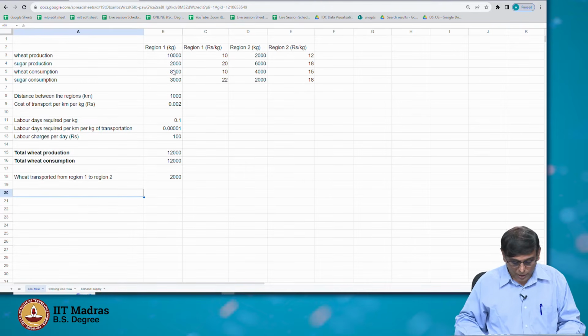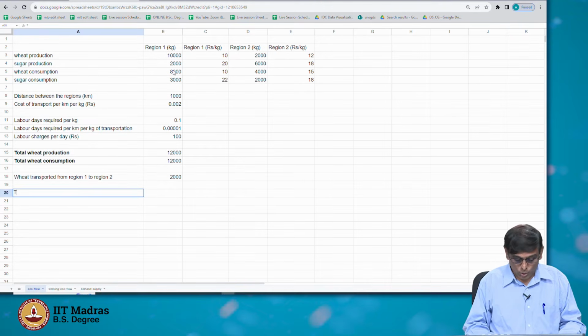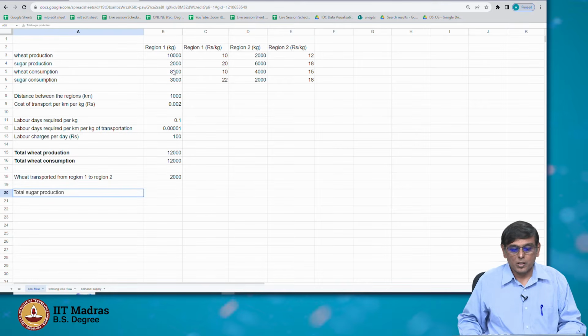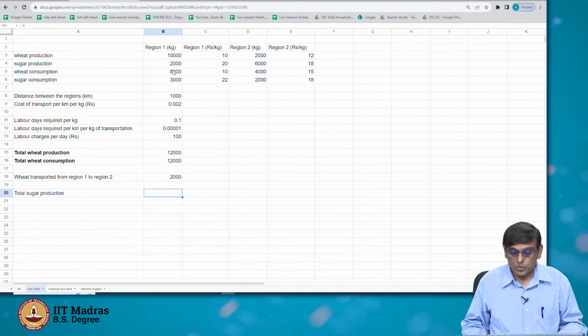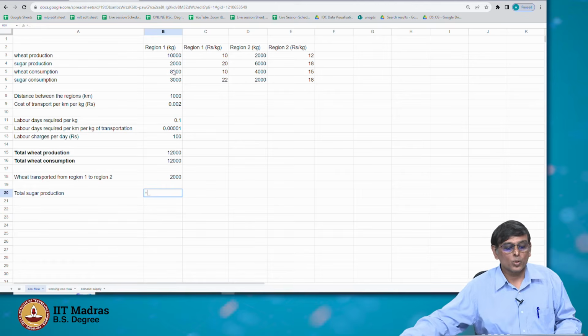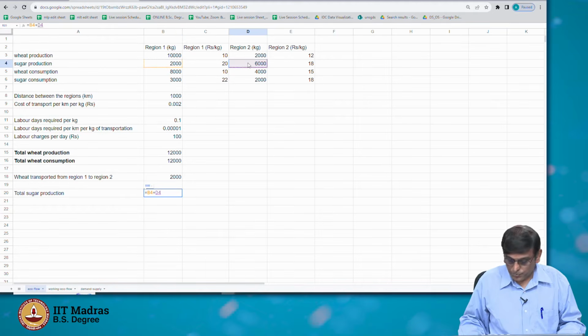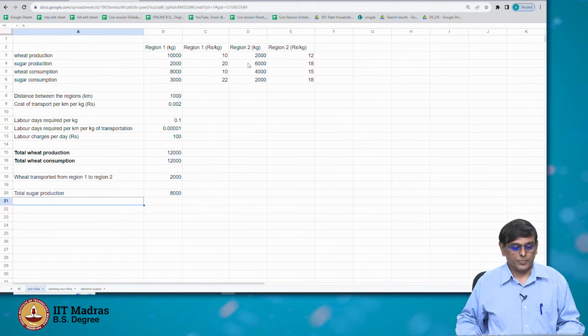Now let us look at the same thing for sugar. Total sugar production is equal to 2,000 plus 6,000, that is 8,000.